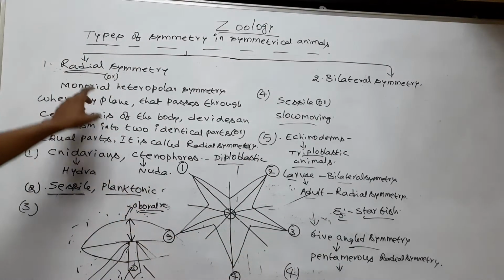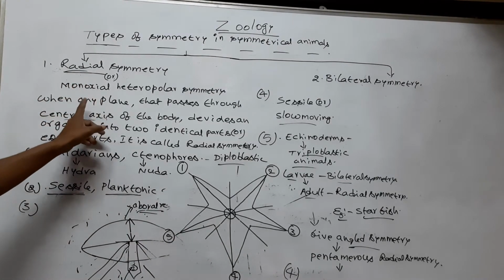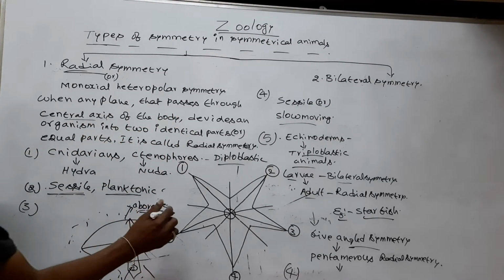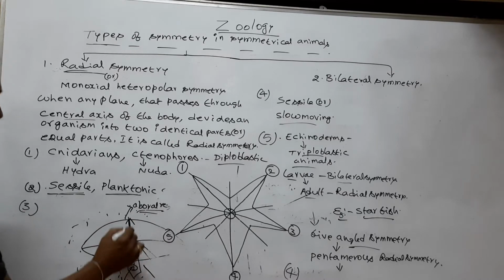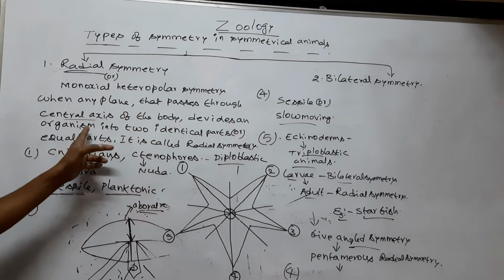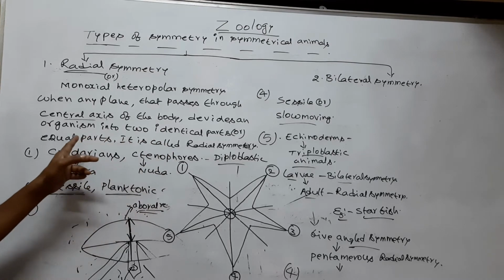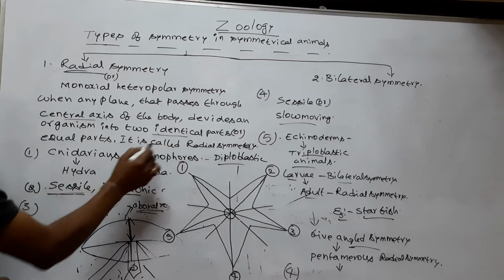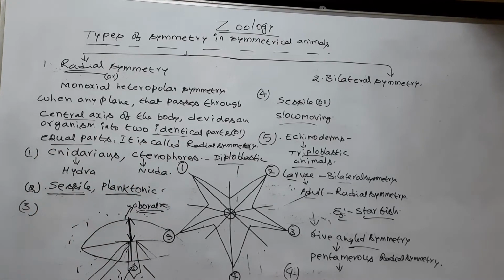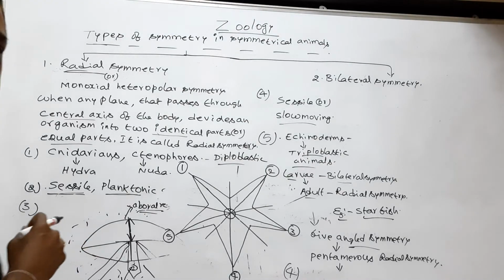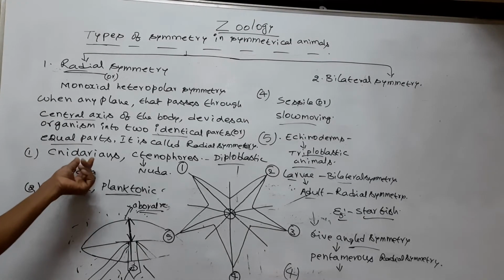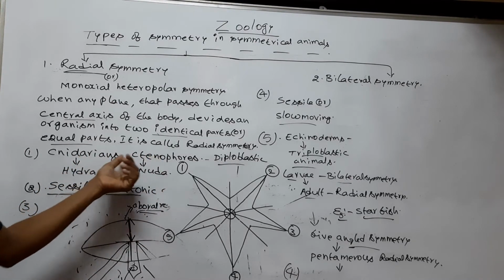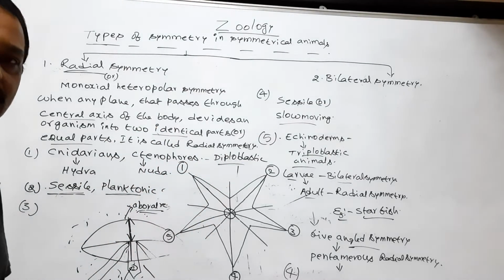So this is radial symmetry. Radial symmetry means when any plane that passes through the central axis of the body divides an organism into two identical or equal parts, it is called radial symmetry. Here, the identical parts are called antimeres. Example, cnidarians and ctenophores, which are diploblastic animals.